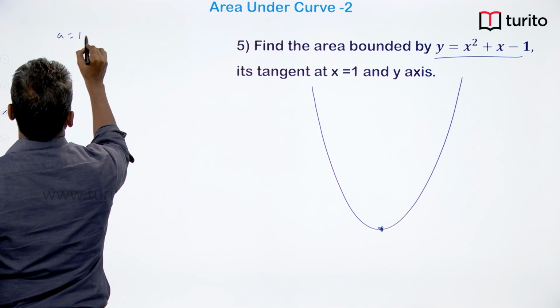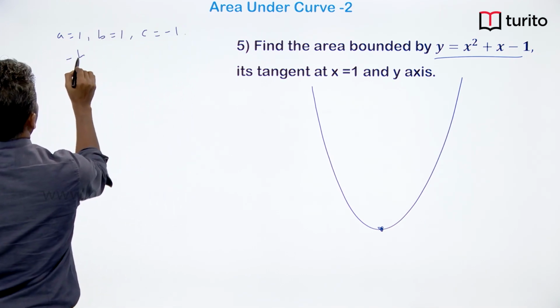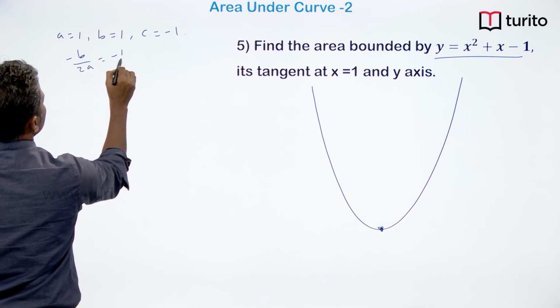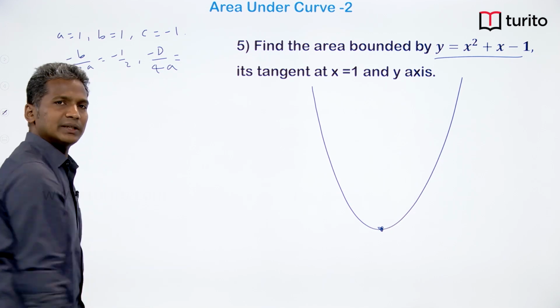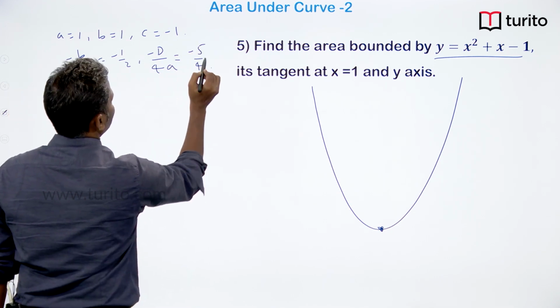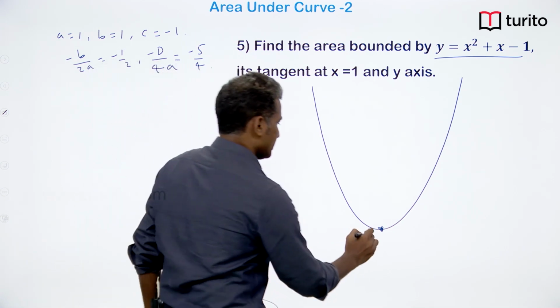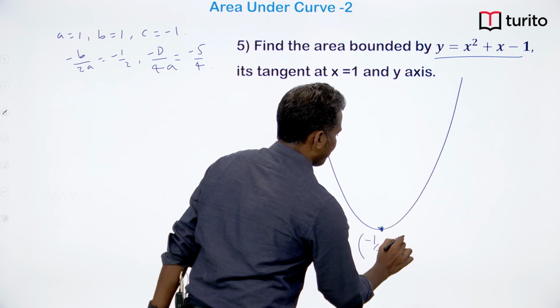A is equal to 1, b is equal to 1, c is equal to minus 1. So minus b by 2a becomes minus 1 by 2, minus d by 4a, what is d? D for discriminant. So it becomes minus 5 by 4. So this point is minus 1 by 2 comma minus 5 by 4.